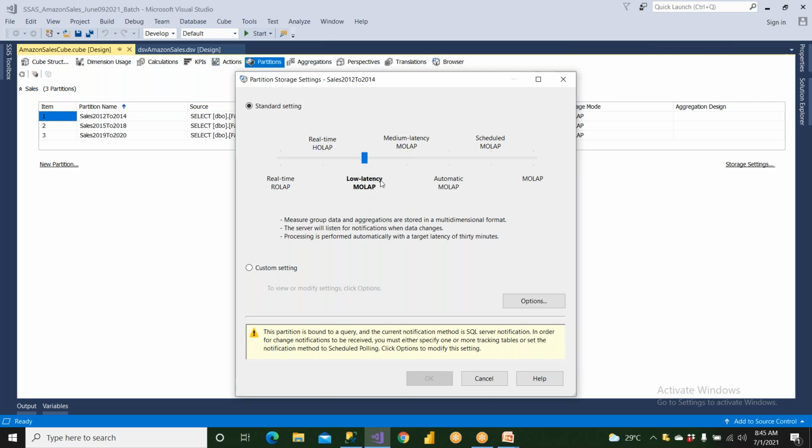Now here, low latency. Latency means a delay, late. So the server will listen for notifications when the data changes. After arriving of the data, it is going to be processing 30 minutes after receiving the data. Processing is performed automatically with a target latency of 30 minutes. Clear? For example, if you send the data, now the time is almost 8:45.